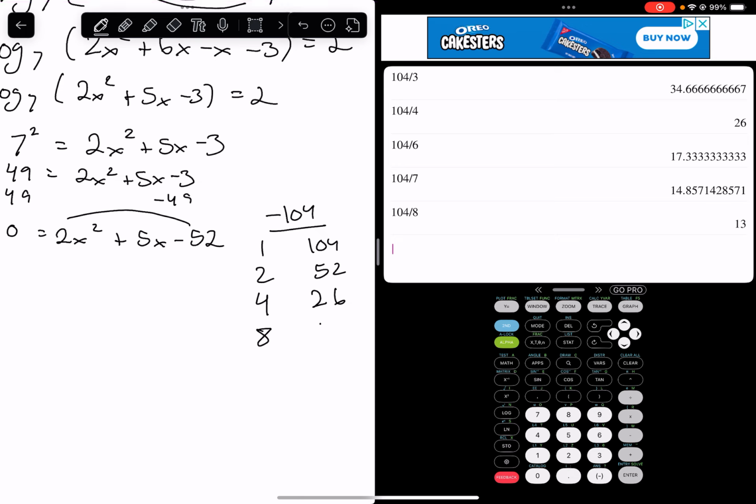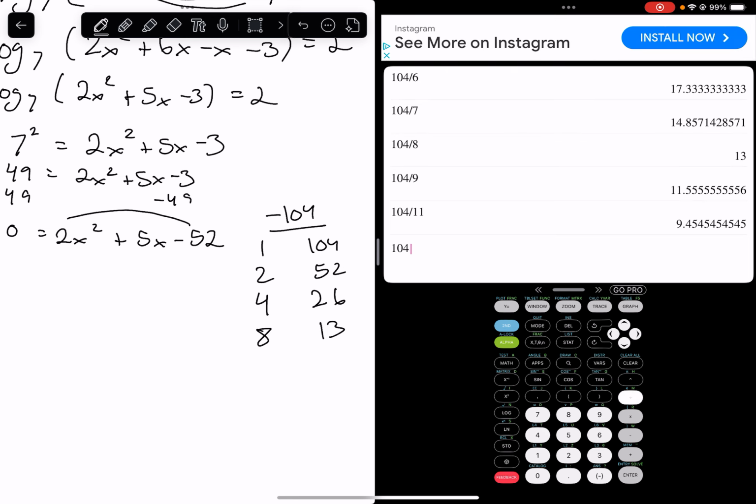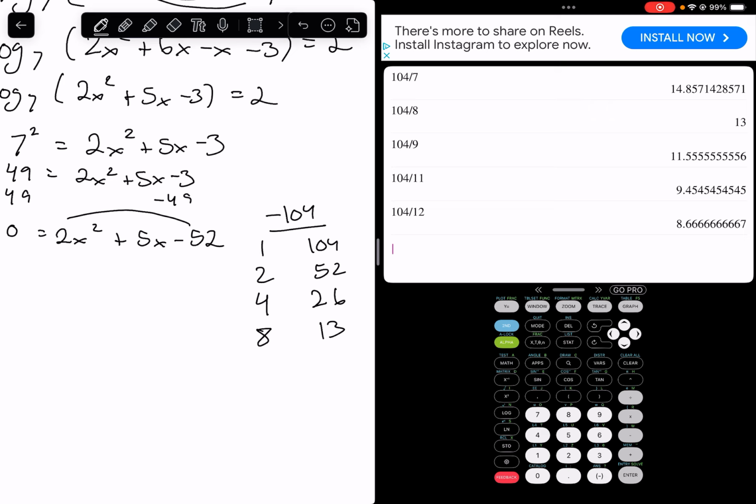We get 8 and 13. I don't believe 9's going to work. 10's not going to work. 11 doesn't work. 12 doesn't work. And then we're repeating. So we found all the factors of 104.